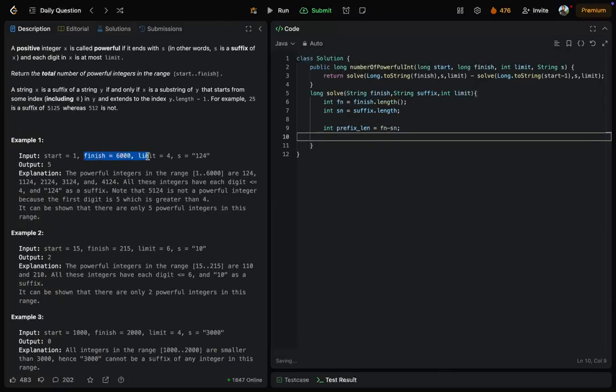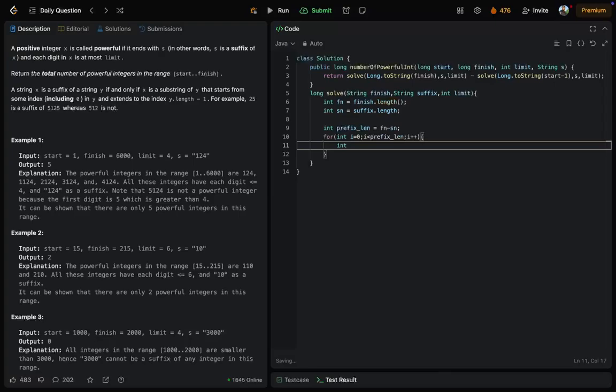So for this example we have 4 slots, so 4 minus 3, which is only 1 slot, so I have 1 slot only in this case. So just write a for loop, 4 slots till prefix length. Calculate the digit, find the digit that is present on finish ith character, right. So for this example I will get 6.